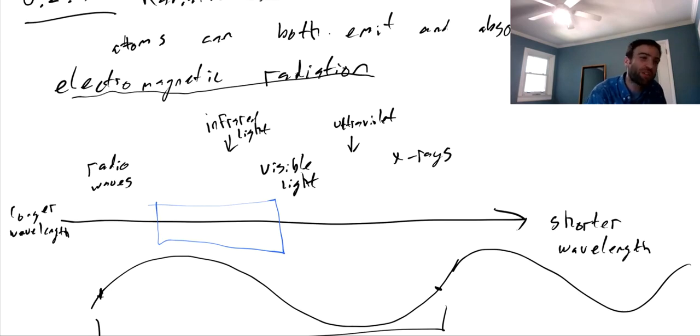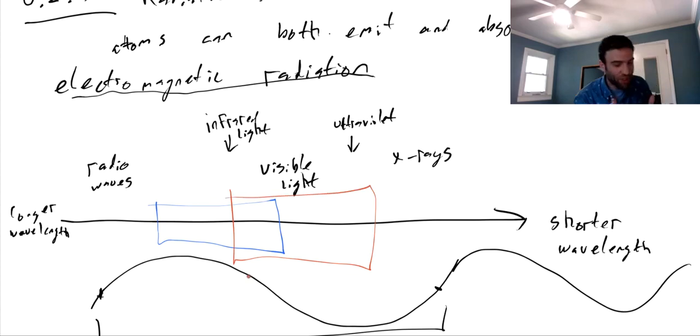And hotter objects tend to emit shorter wavelength electromagnetic radiation. That's why, if you have a hot coal, it glows red. It's emitting electromagnetic waves in the visible part of the spectrum, and in particular in the red part of the spectrum. Hotter objects start to glow red and then blue and then white as you get to shorter and shorter wavelengths of light that they tend to emit.